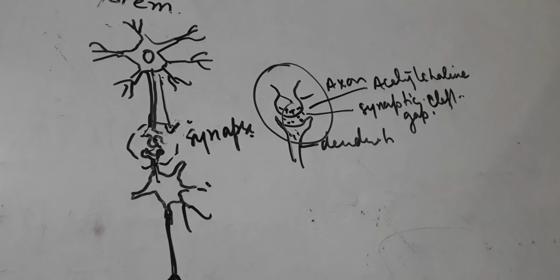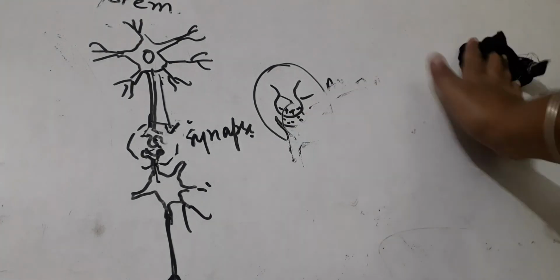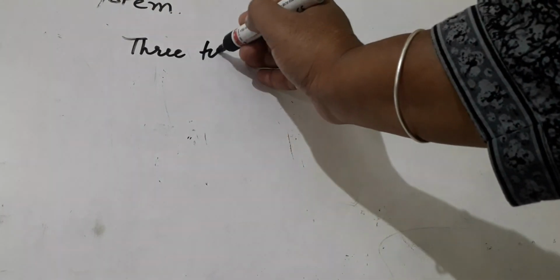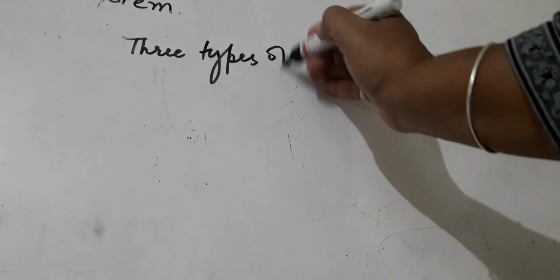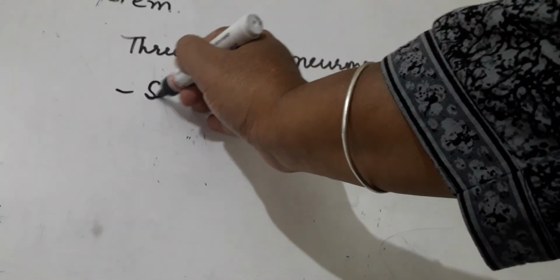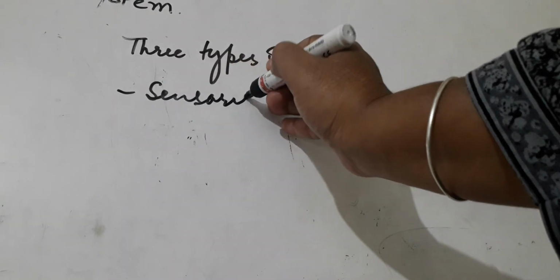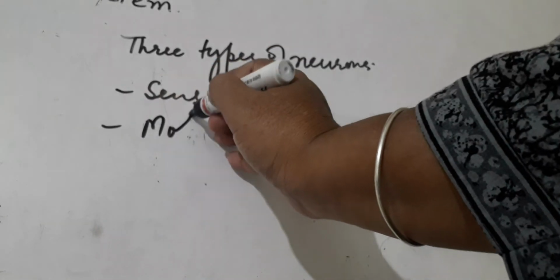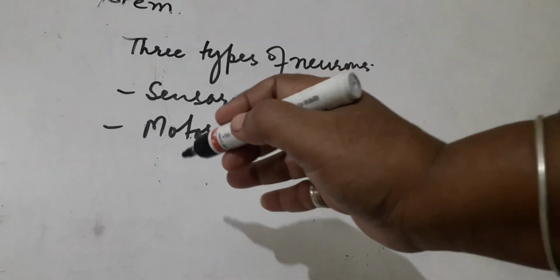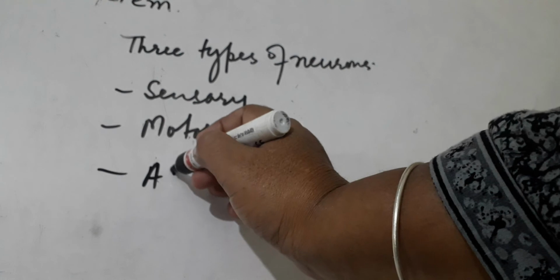Okay, types of neurons. There are three types of neurons: sensory, motor, and association.